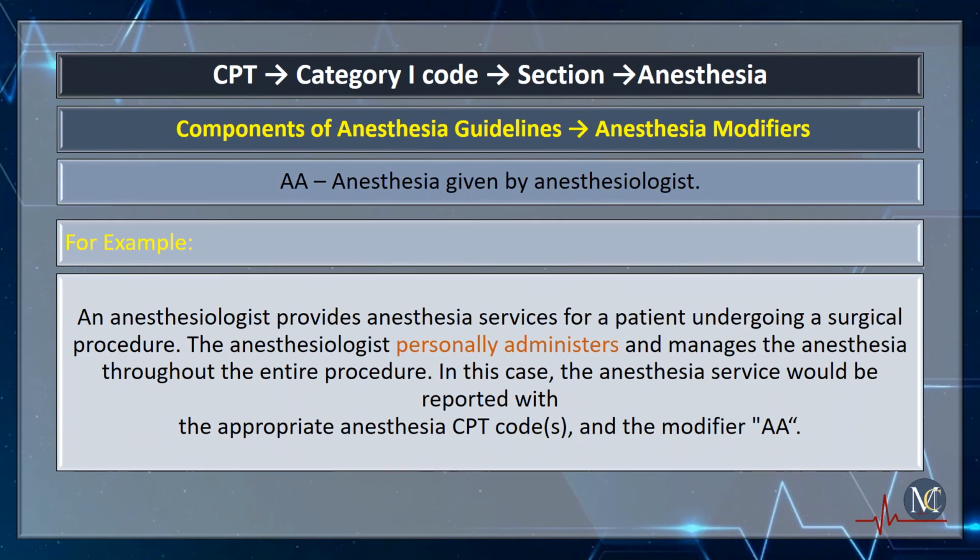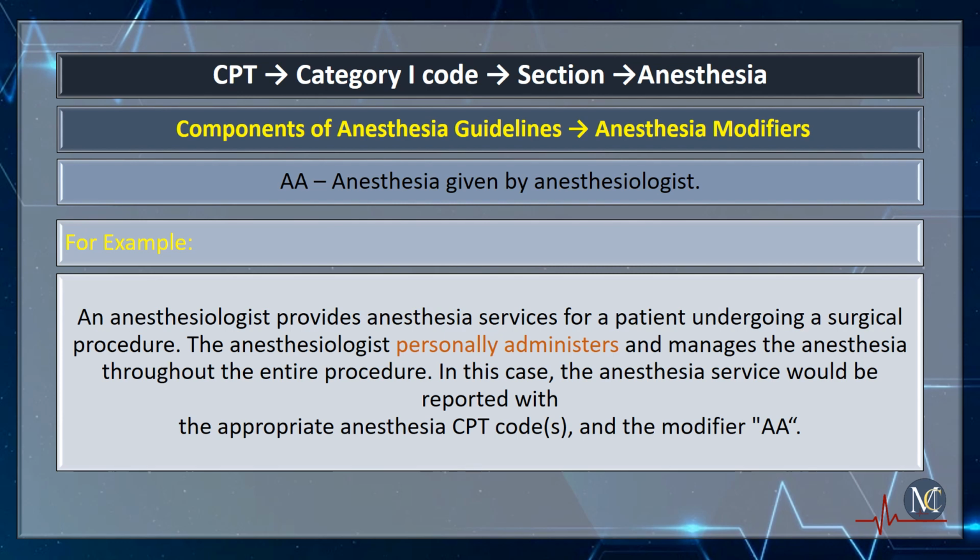The modifier AA indicates that the anesthesia services were personally performed by the anesthesiologist. Here is an example of how it might be used. Let's say an anesthesiologist provides anesthesia services for a patient undergoing a surgical procedure.